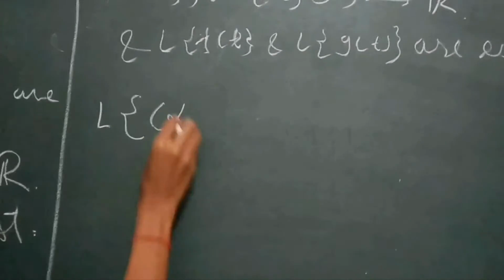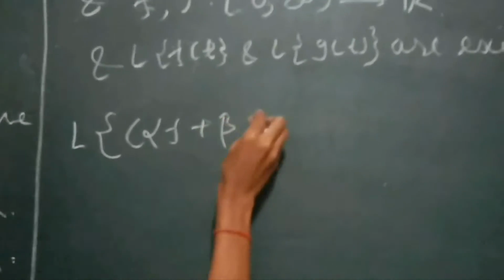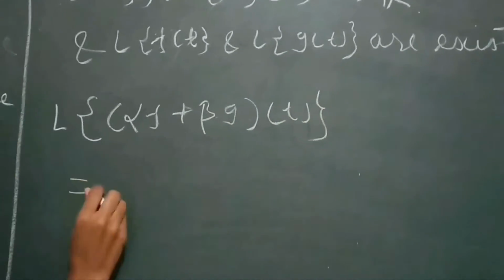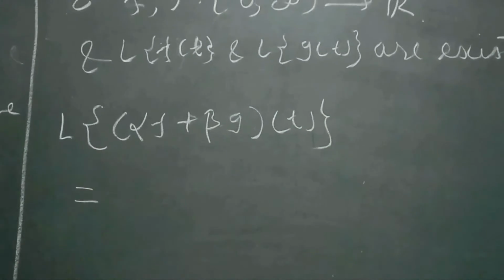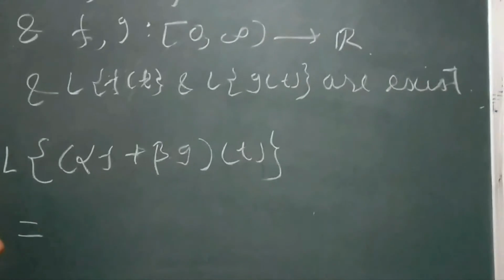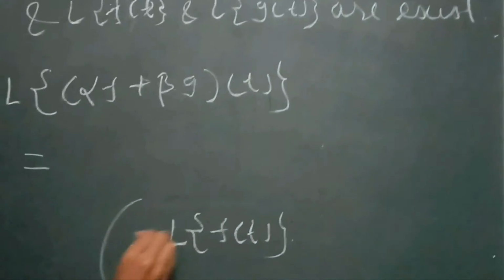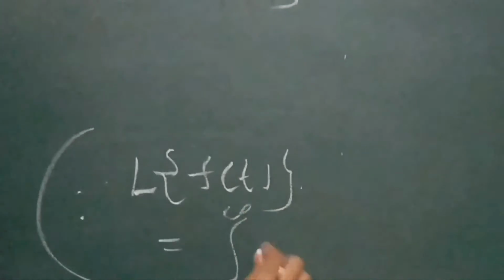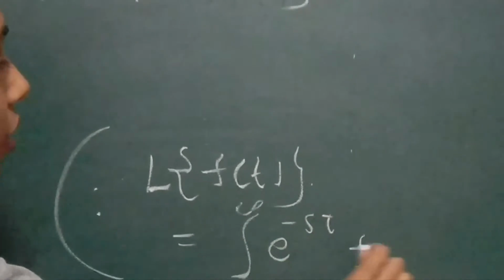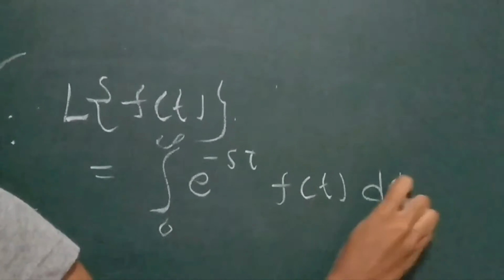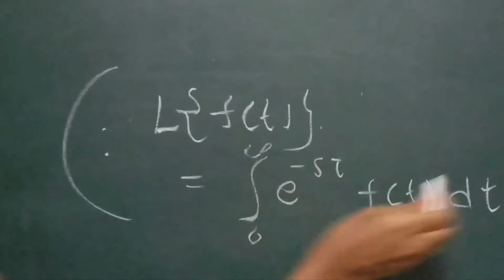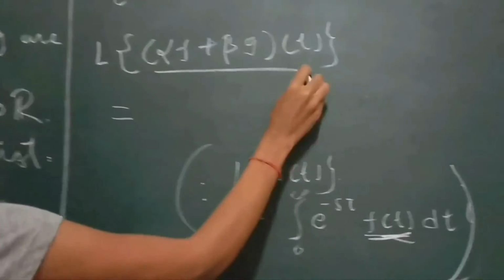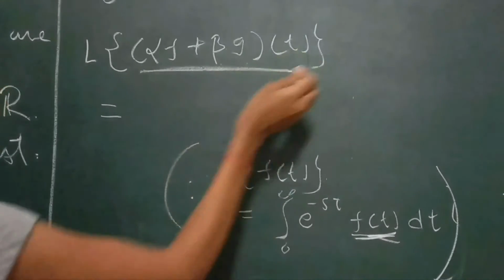So L of alpha f plus beta g of t is equal to, by the definition of L, L of f of t is 0 to infinity e raised to minus st f of t dt. Now here f of t is alpha f plus beta g of t.